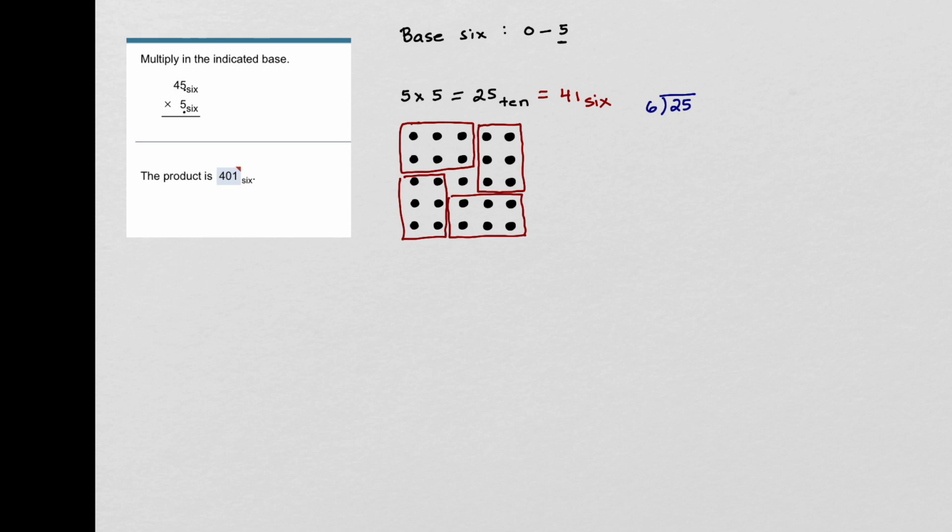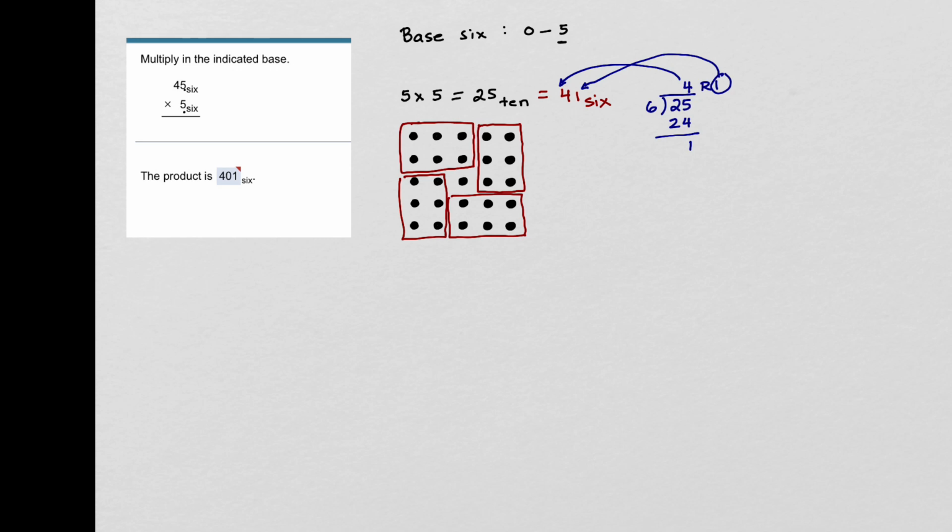And that gives me 6 goes into 25 4 times. So that's the 4 groups of 6. And 4 times 6 is 24. And there's a remainder of 1. And that's the one that goes there. So you don't have to draw it out each time because that would be pretty tedious.